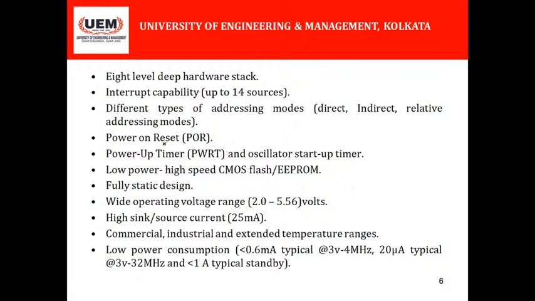Low power high speed CMOS flash or EEPROM is required. CMOS is basically a complementary MOSFET circuit which is required to produce the flash memory or EEPROM data memory. Flash memory is considered to be the secondary memory and EEPROM is considered to be the main memory.